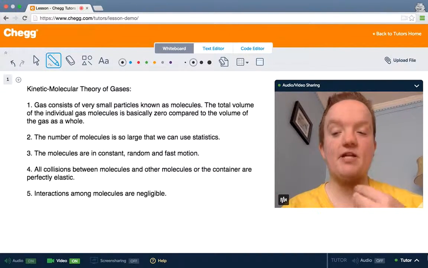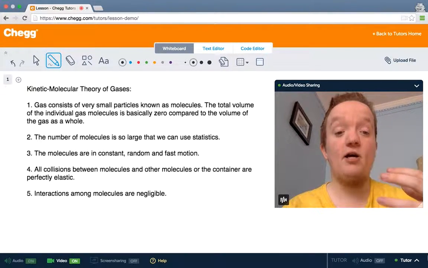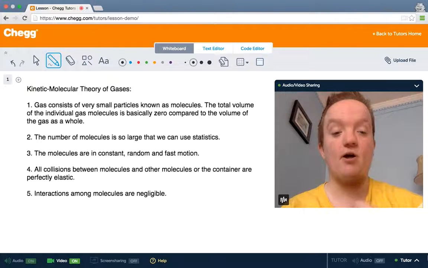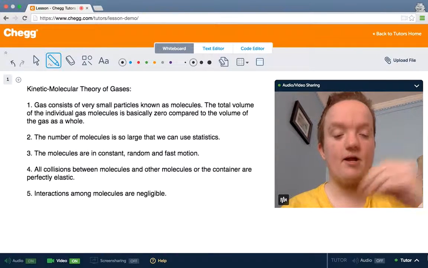So another way of stating this first principle is that the distances between molecules are astronomical compared to the size of the individual molecule. So say if you had one gas molecule in a room, you might, under kinetic molecular theory, say that there was maybe one or two other gas molecules in the entire room if you scaled up the comparison between one gas molecule and made the gas molecule visible.